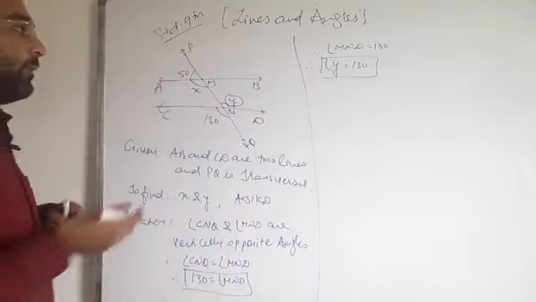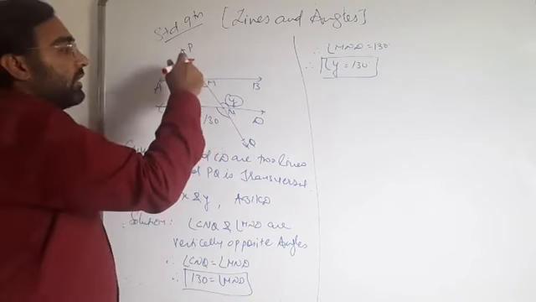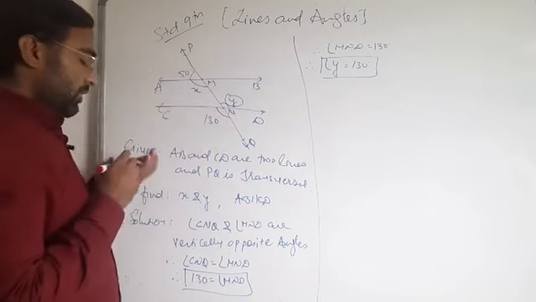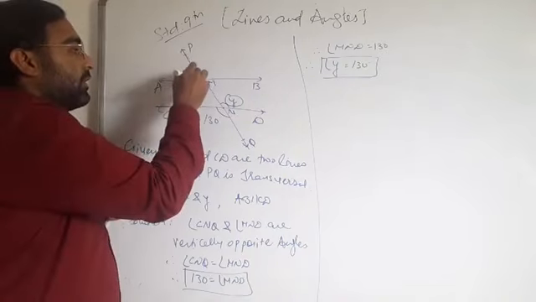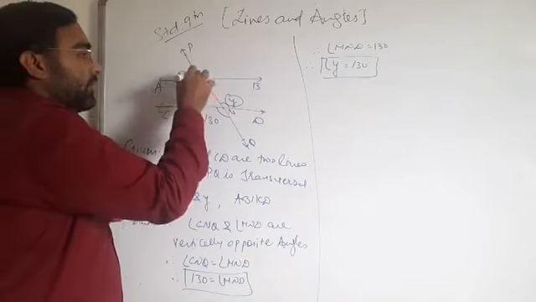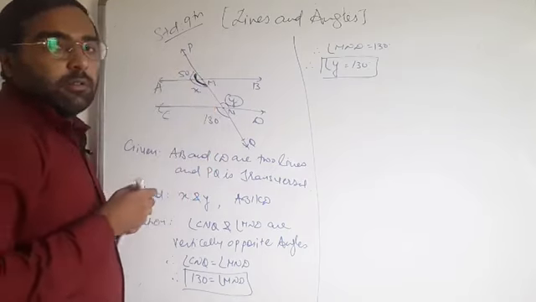Okay, now PQ is a straight line, and a linear pair is also formed at this point. This is the linear pair of angles. Okay, you can see that.